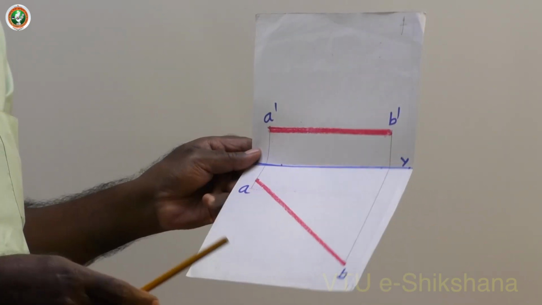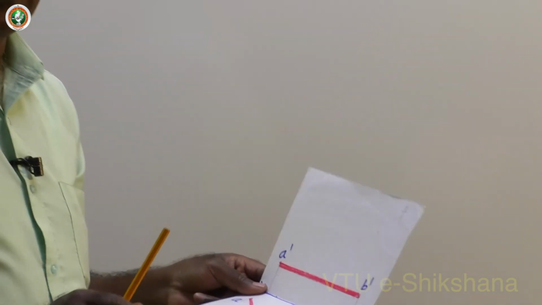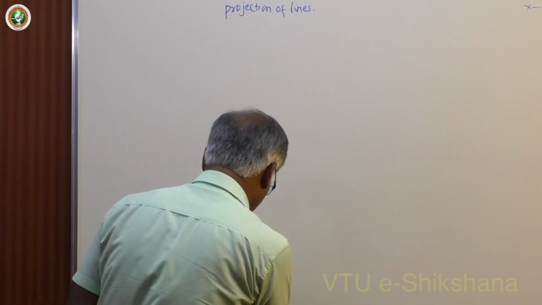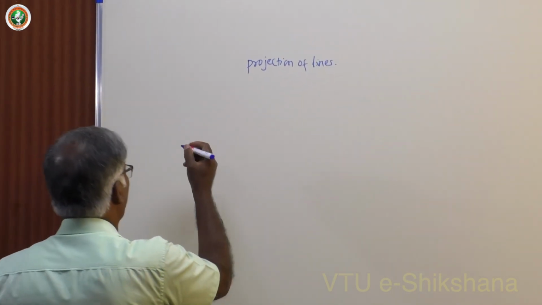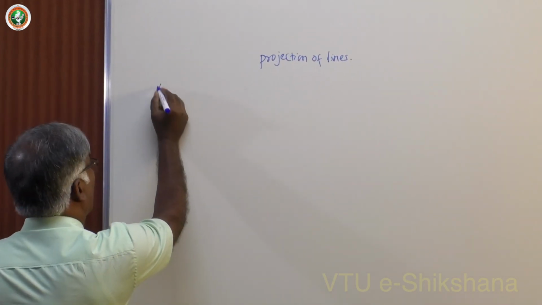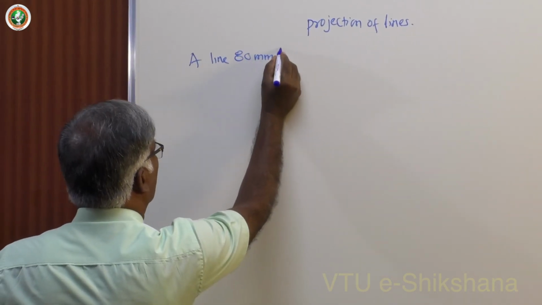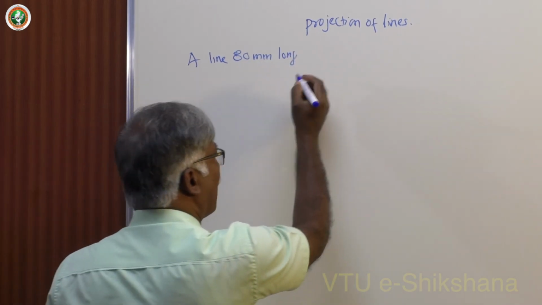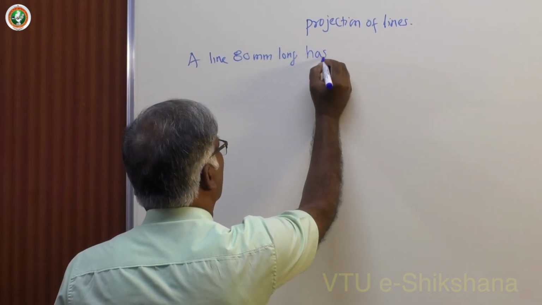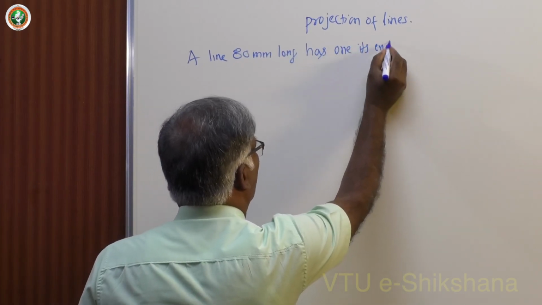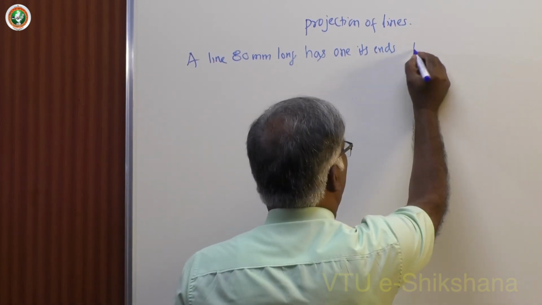So these are the various ways of understanding the straight line. Now I will take up one simple problem and discuss how to draw the projections. Let me write a problem, simple problem. A line 80 mm long has one of its ends 10 mm above HP.